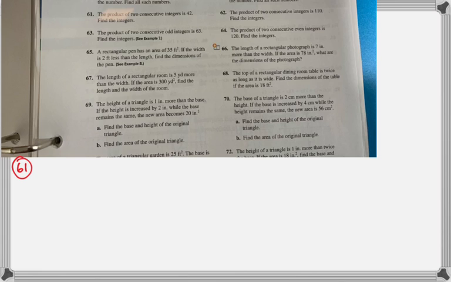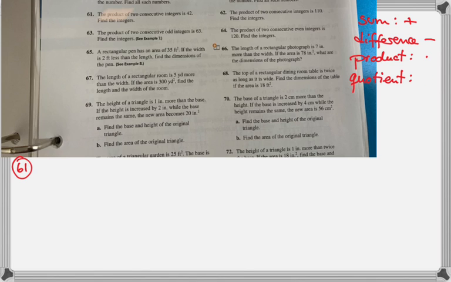What does product mean? When you hear the word product between two numbers, what do I need to do? Multiply. The sum of two numbers, sum would be plus. Difference is minus. Product is times, and quotient is division.